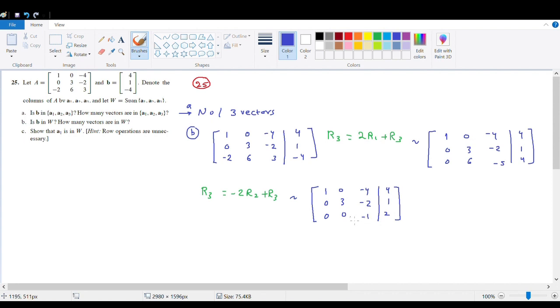And for part B, how many vectors are in W? W is the set of all linear combinations, so W has infinitely many.